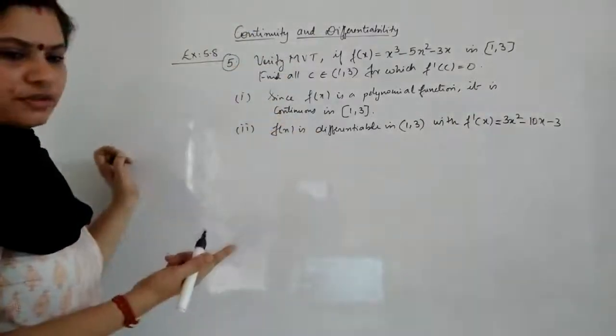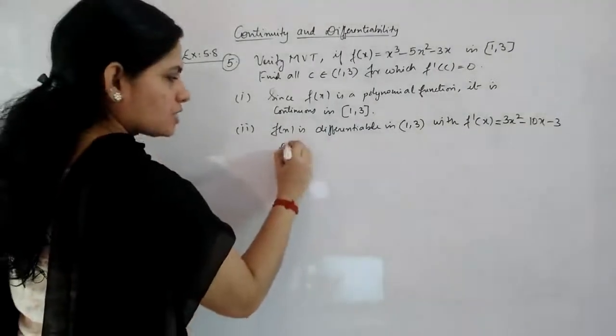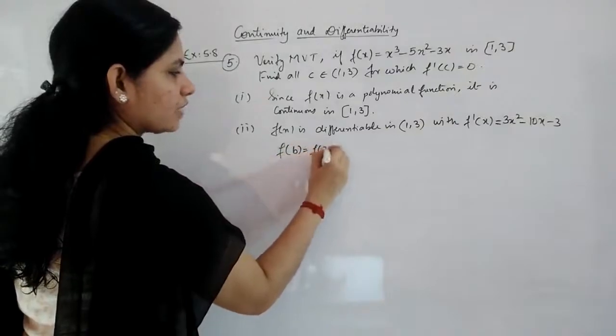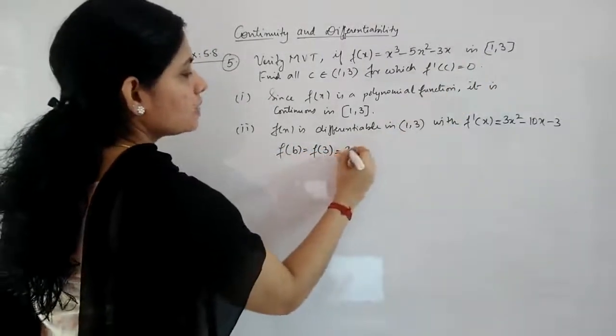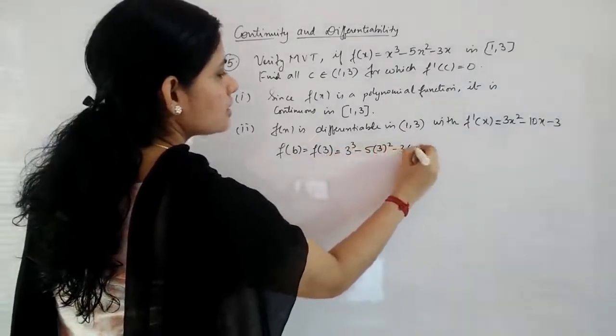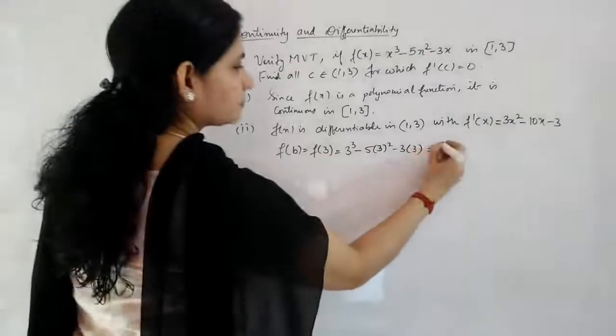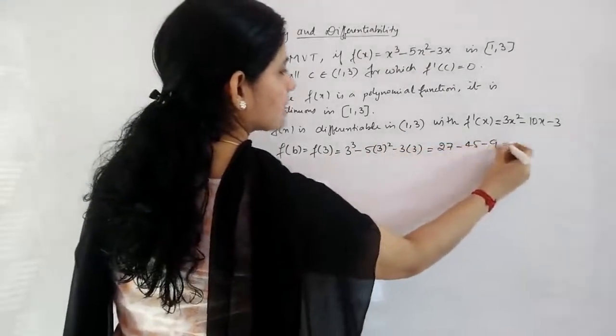Next, f of b and f of a you have to find out. So what is f of b here? f of 3. b is 3 and a is 1. So f of b will give you 3 cube minus 5 into 3 square minus 3 into 3, which is 27 minus 45 minus 9.